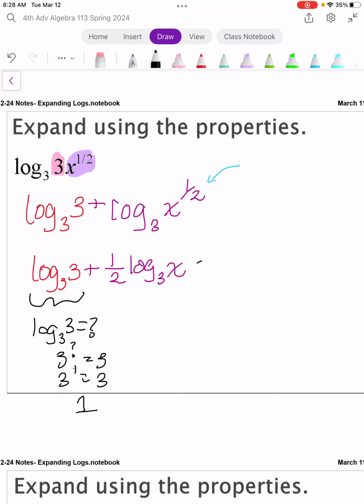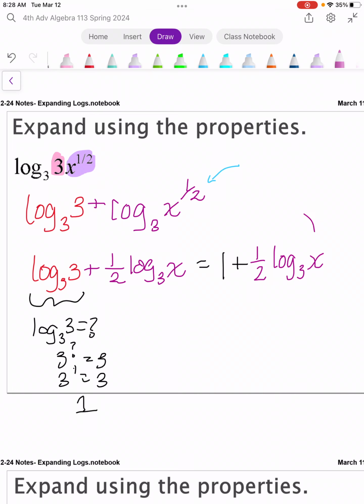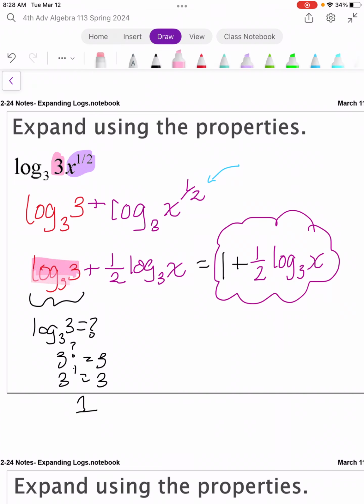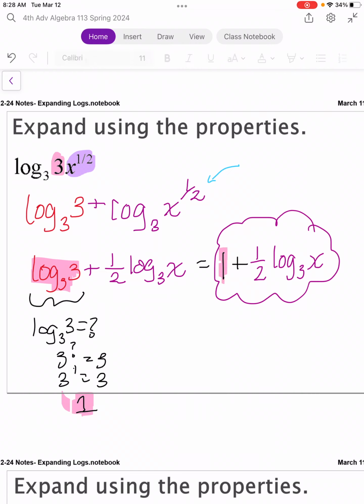So this whole thing becomes 1 plus 1/2 log base 3 of x. And again, that's because this log base 3 of 3 is equal to 1.